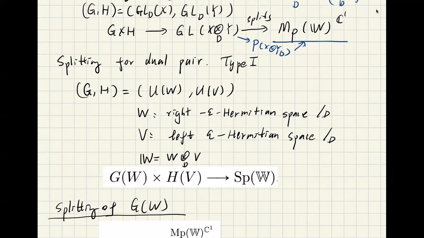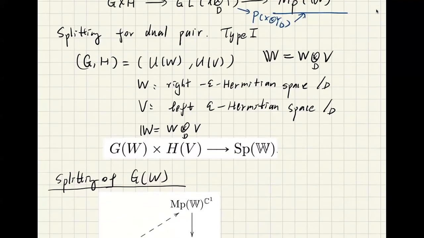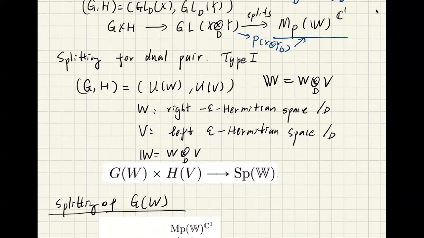Recall that we have the classification, so we can assume that the type 1 dual pair is formed by a minus epsilon Hermitian space over D and an epsilon Hermitian space over D. And so the big symplectic space W is W tensor over D V over D. So in this case, certainly you will have a map from G(W) cross H(V) to Sp(W).